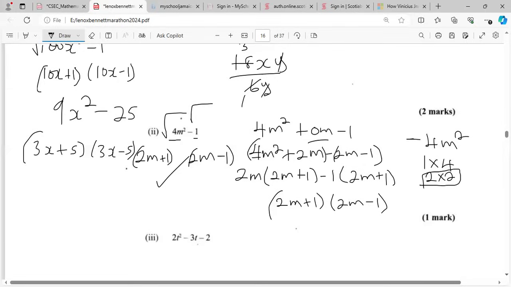Alright, try this one now, guys: 2t squared minus 3t minus 2. For those persons who were here from the start, we would have done factorization of these already, right? We looked at one where we had all 3 of them: factorizing by grouping, difference of 2 squares, and then the factor method.